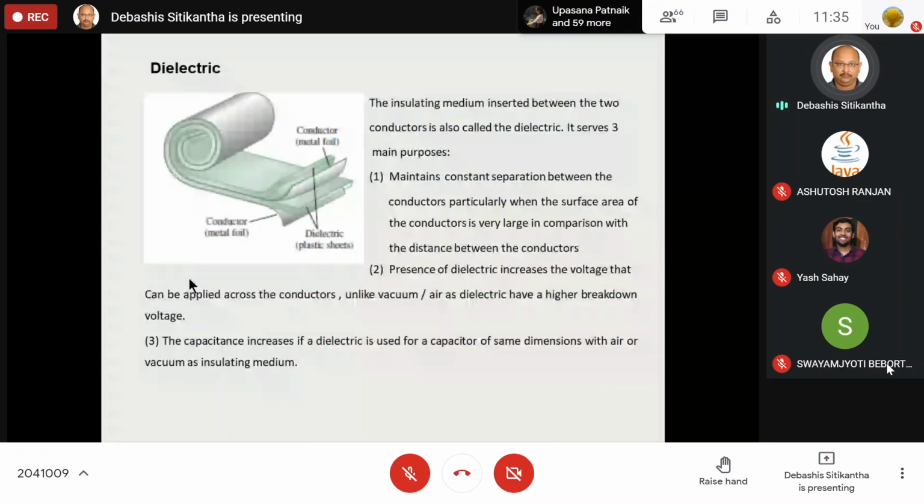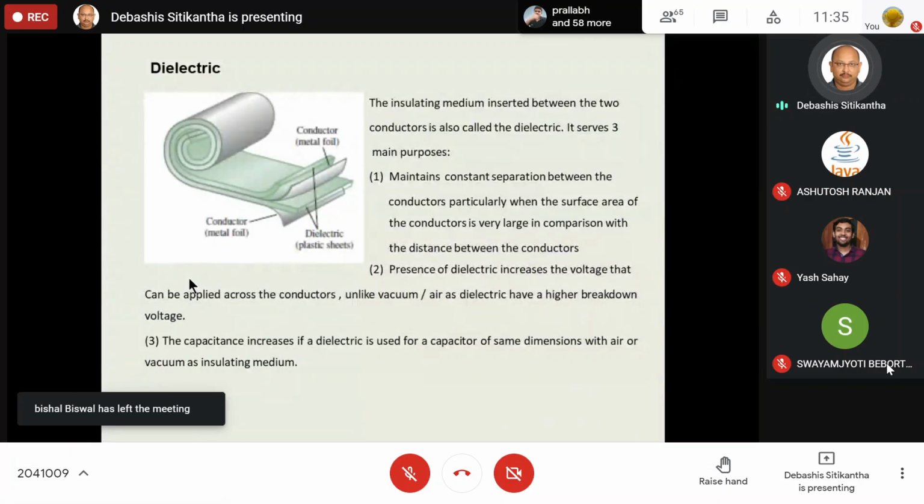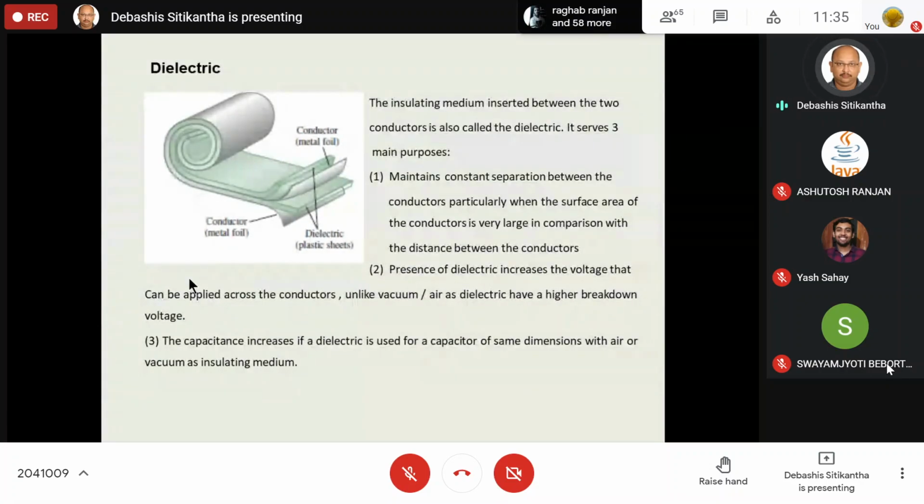Secondly, we have mica sheet. Mica is a very good insulator, and sometimes we make use of mica sheet as a dielectric medium. Very simple capacitors also make use of a sheet of paper, so paper core capacitors are also available in the market. Similarly, we can use rubber as a dielectric medium.